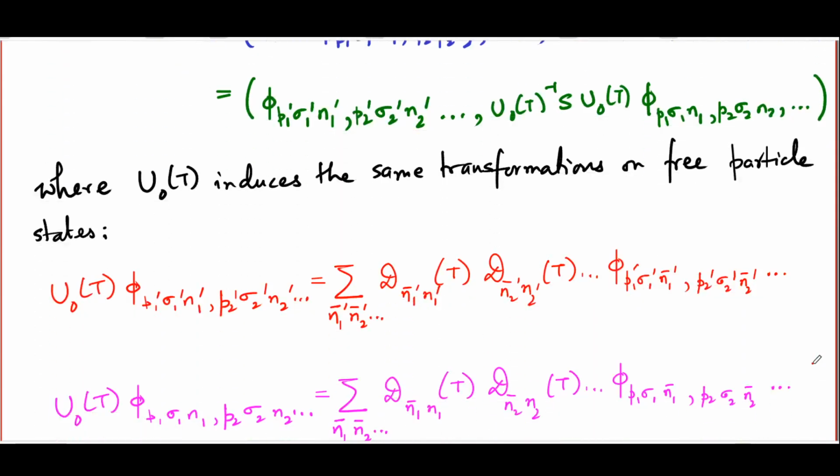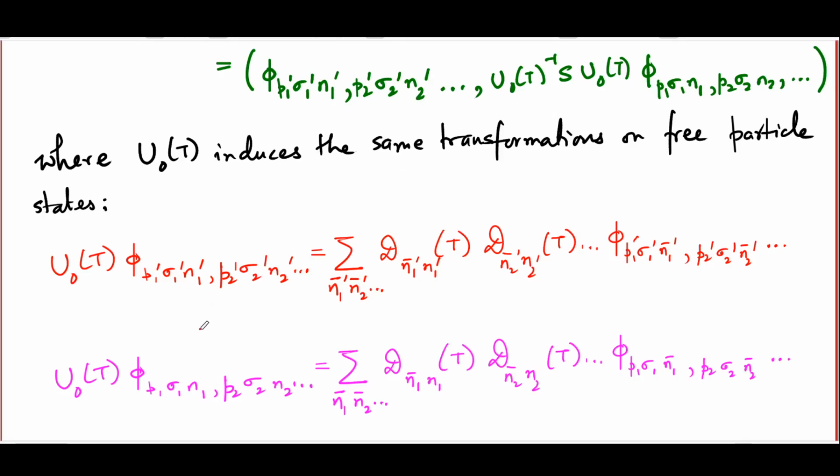This will be true only if U0(T) actually induces on the free particle states phi, with the outgoing particle labels here and the incoming particle labels here, exactly the same transformation as U(T) was applying on the in and the out states.